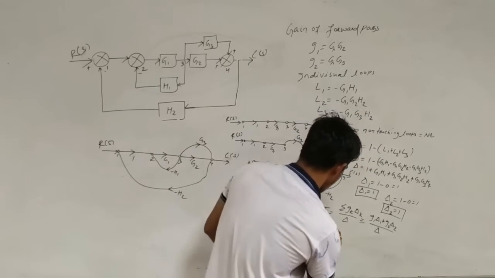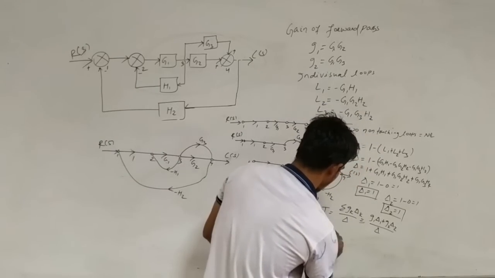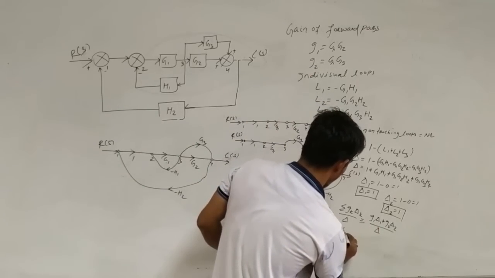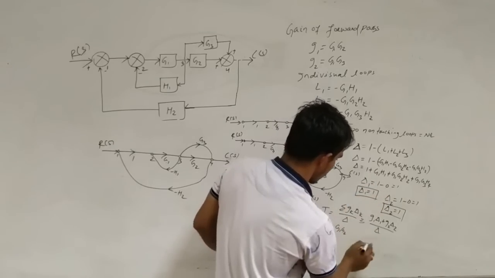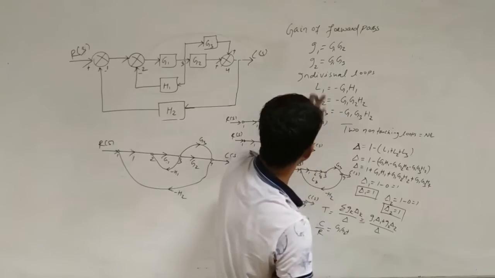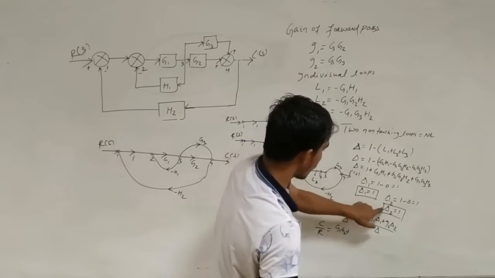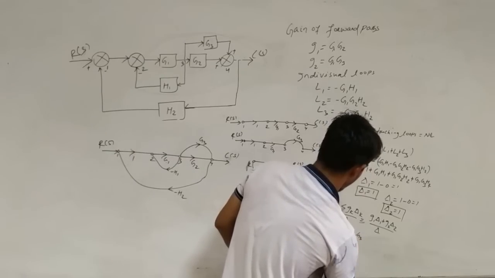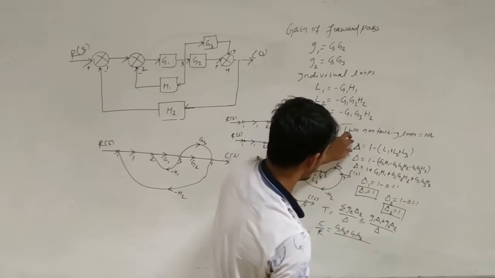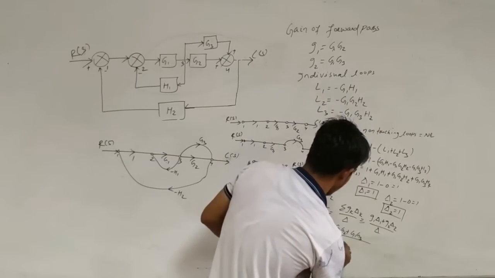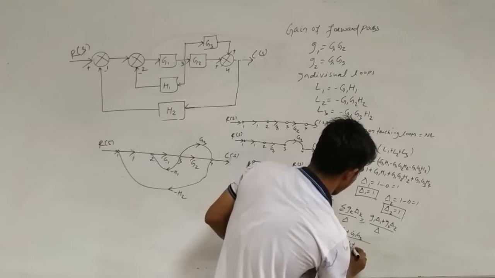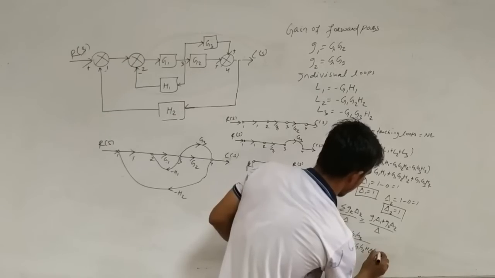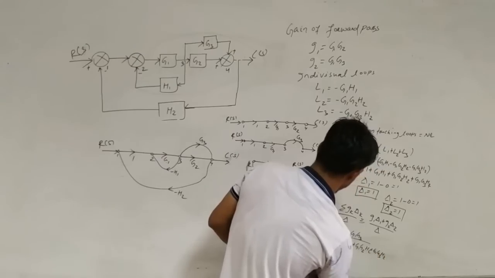So T, as we know, is C by R. So G1 G2 delta 1 plus G1 G3 delta 2, where delta 1 is 1 and delta 2 is 1, so G1 G2 plus G1 G3, divided by delta. Put the value of delta: 1 plus G1 H1 plus G1 G2 H2 plus G1 G3 H2.